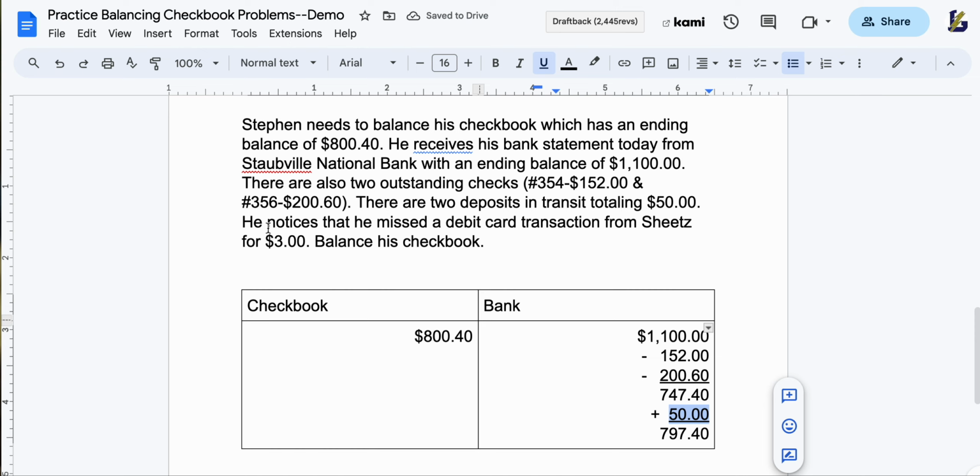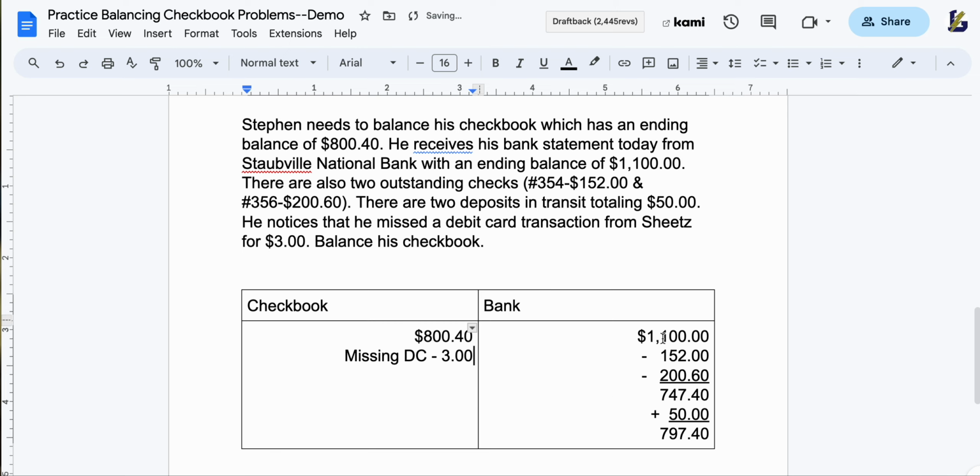This is easy. Steven missed a debit card transaction when he was at Sheetz. He must have bought a candy bar for $3. So it's a missing debit card transaction. It's money coming out of the account.